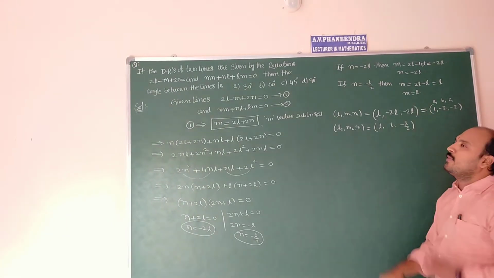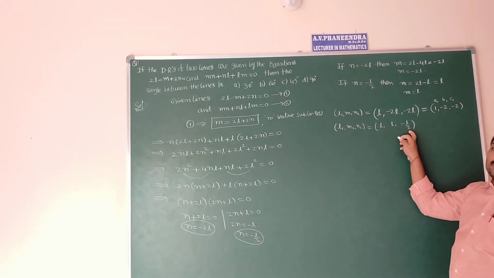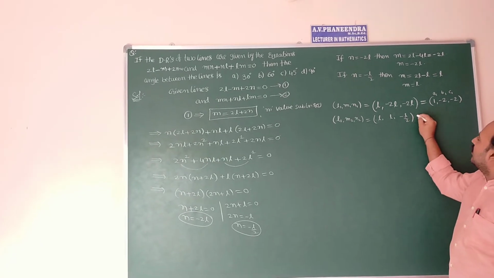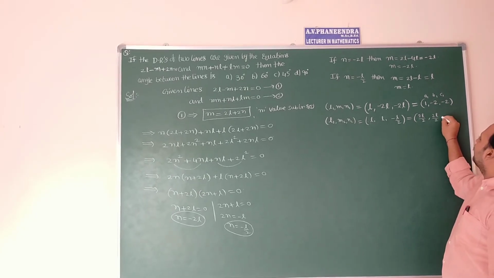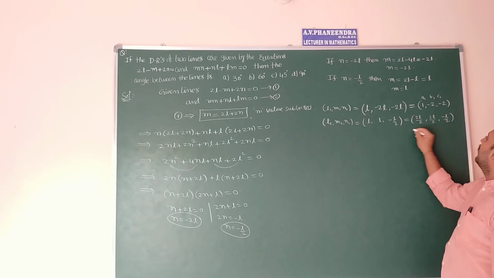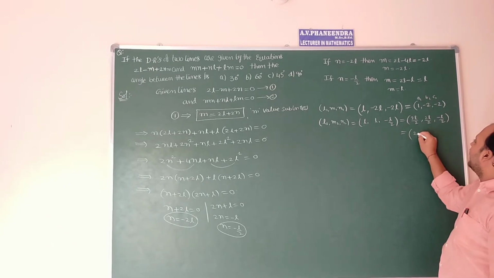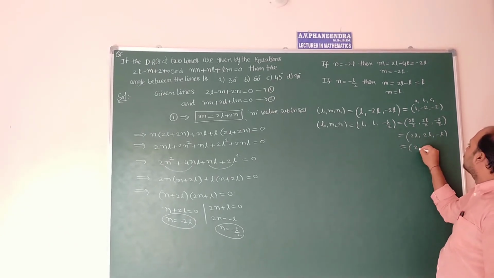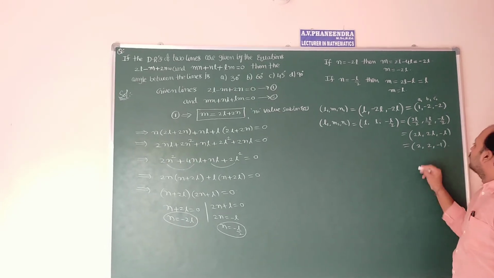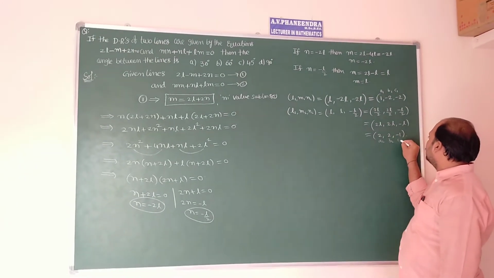I already said in previous videos, whenever the denominator is 2, make these values 2L by 2, 2L by 2 and minus L by 2. Cancel all the denominators and write 2L, L, minus L, and cancel the L values also: 2, 2, minus 1. So these are the values A2, B2, C2.